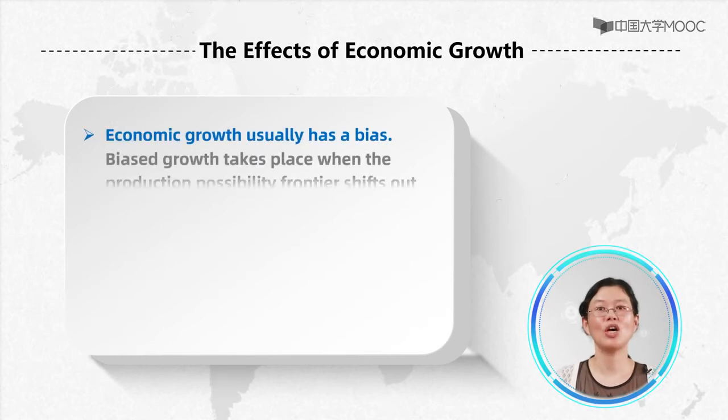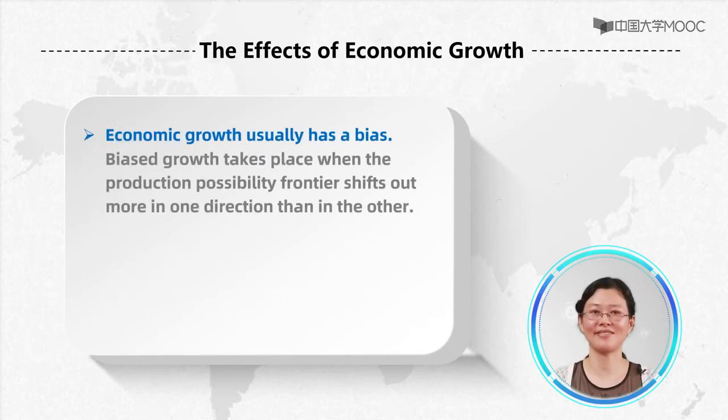Economic growth usually has a bias. Biased growth takes place when the production possibility frontier shifts out more in one direction than in the other. We can recognize this growth in real life or in theoretical models easily.